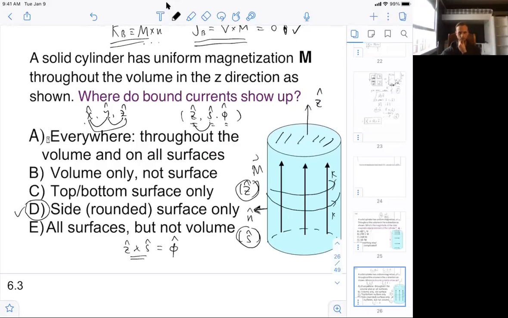So if you have such a magnet, it's producing a B field pointing upward. And this is equivalent to having bound surface current, which is also producing a B field that's upward. So it's showing that these are equivalent effects. It's on the side surface only.